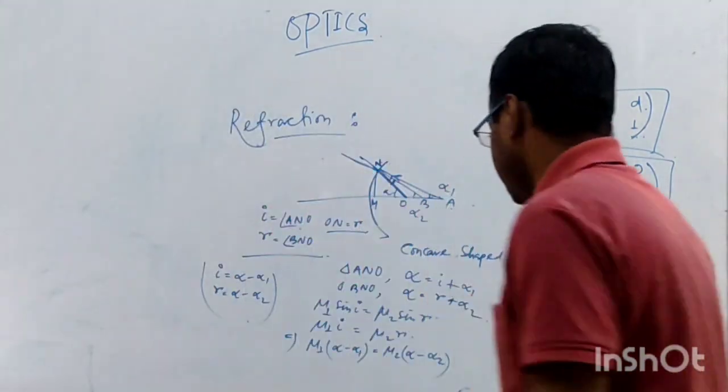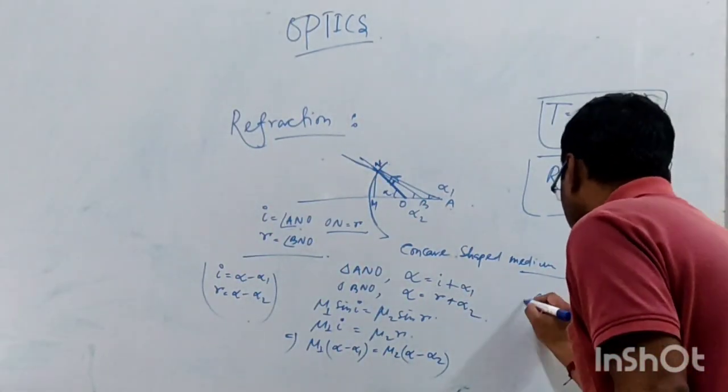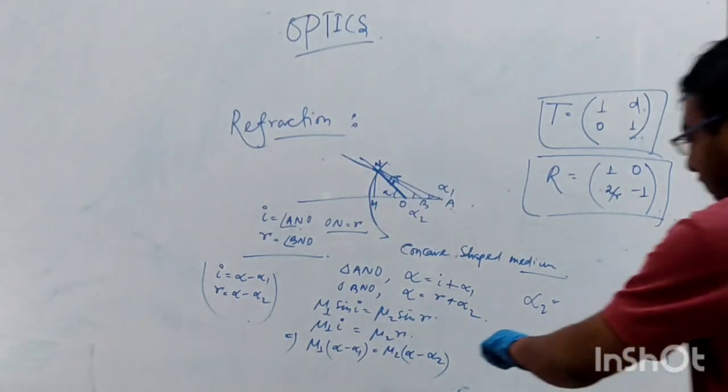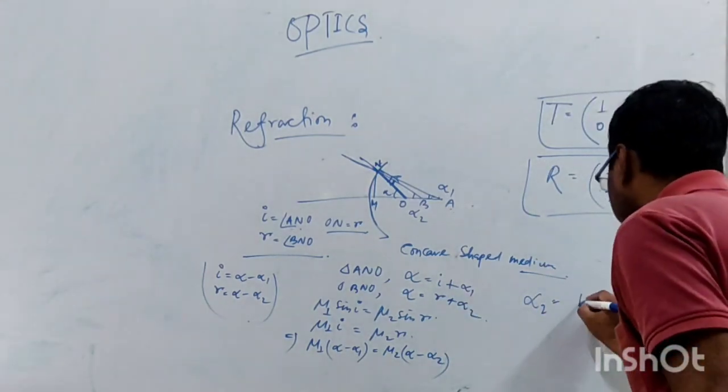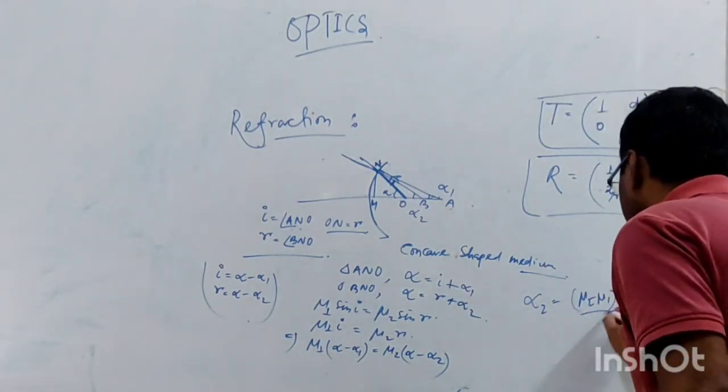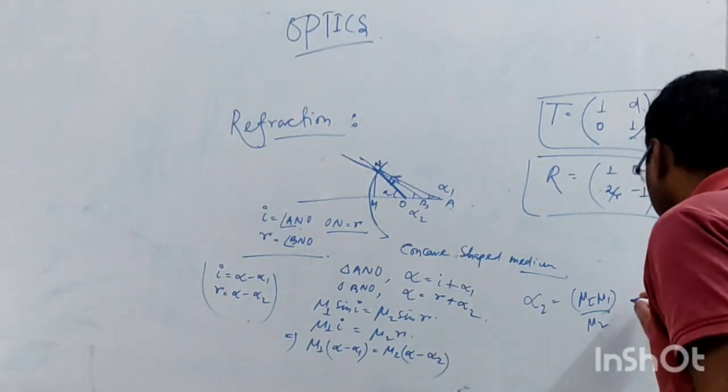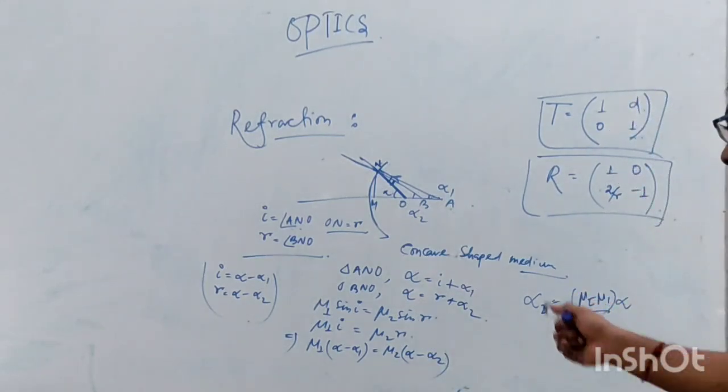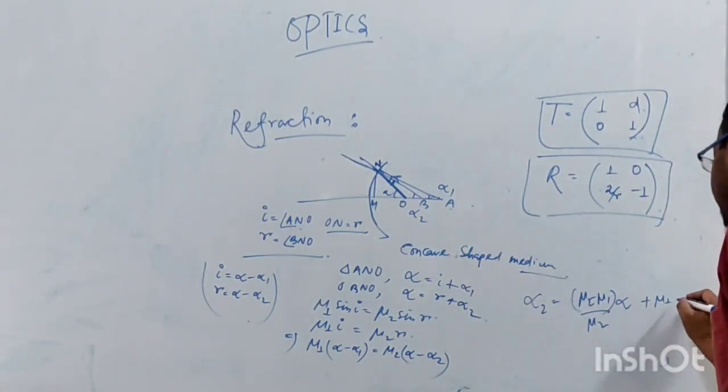So from that equation, we can calculate alpha 2. Alpha 2 equals mu2 minus mu1 by mu2 into alpha plus mu1 alpha 1 by mu2.